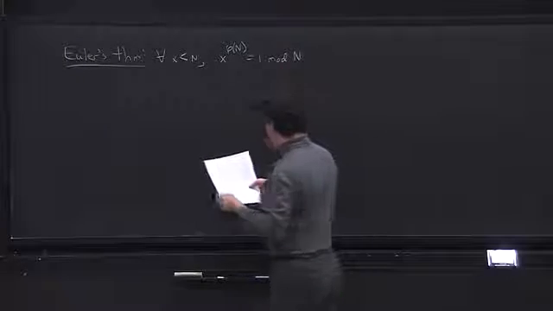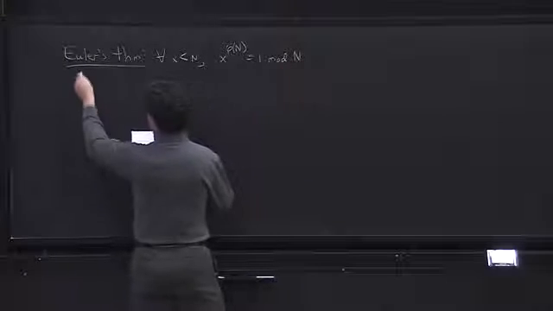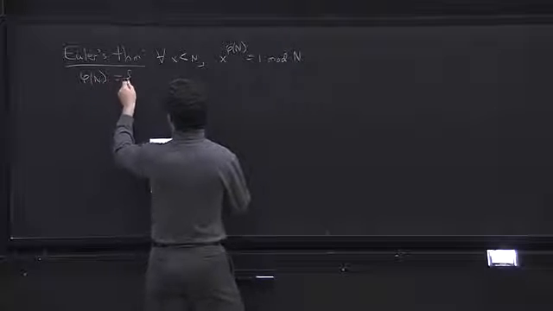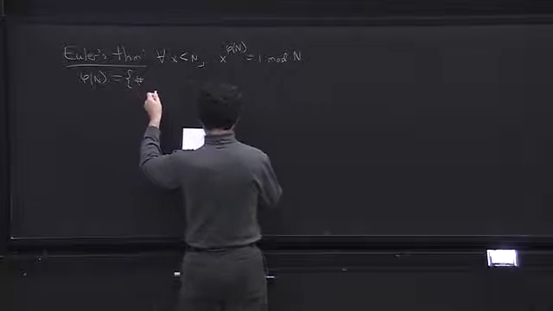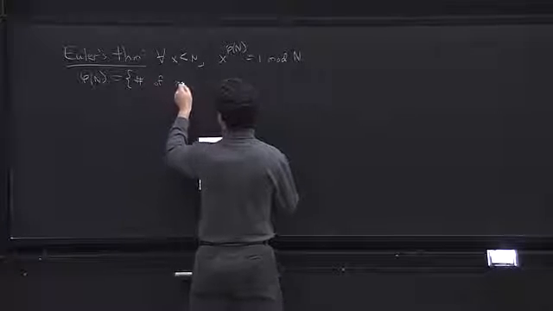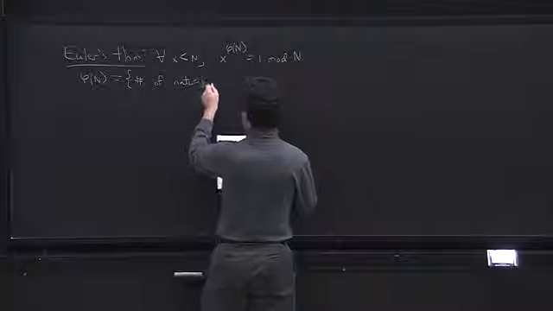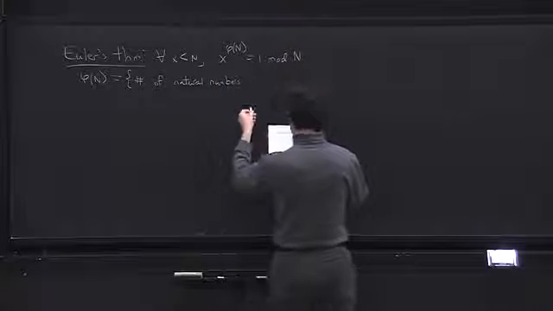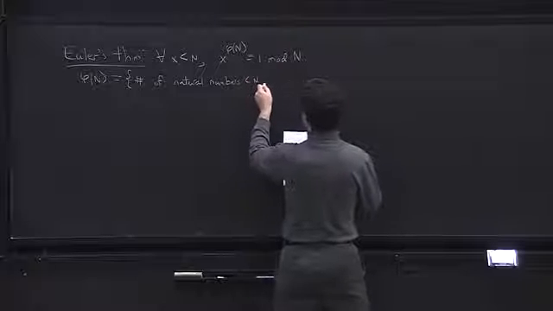OK, so what's phi of n? Phi of n is sometimes called the Euler totient function. And it's equal to the number of natural numbers less than n, which are relatively prime to n.